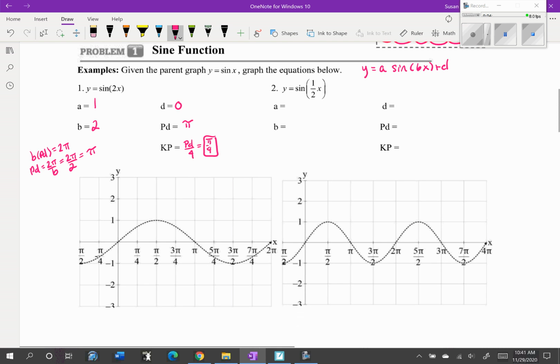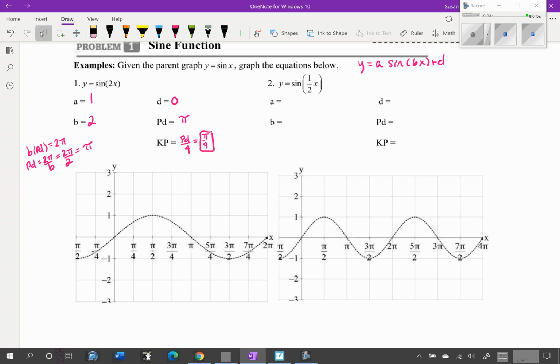So down here we have our parent graph graphed. So for your parent graph, you can see this is our first key point, 1, 2, 3, 4, 5. So remember our key points for the parent graph were at pi over 2, pi, 3 pi over 2, and 2 pi. So let's go ahead and look at our new equation, which is y equals the sine of 2x.